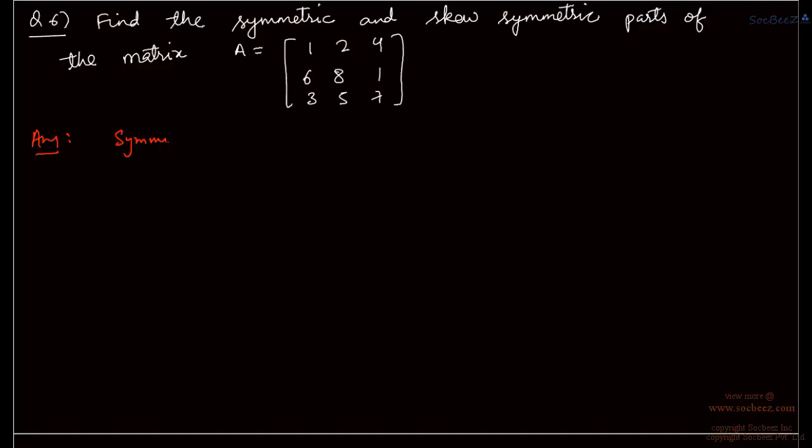The symmetric part is given by half of A plus A transposed. Right. So this is the symmetric part. Now it's a very simple property and very easy to even prove. So I leave that to you if you're keen to see how it actually works.